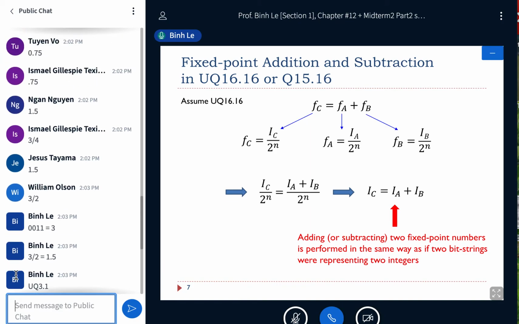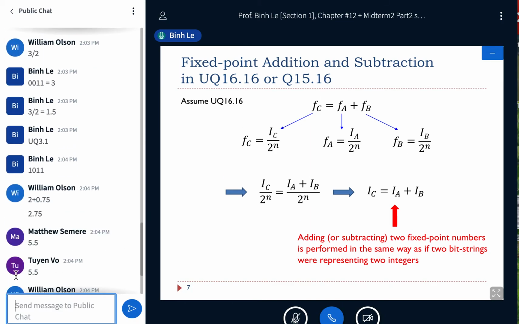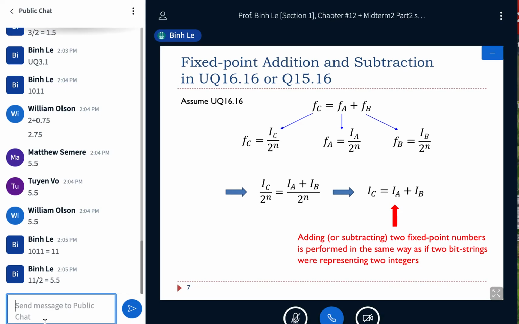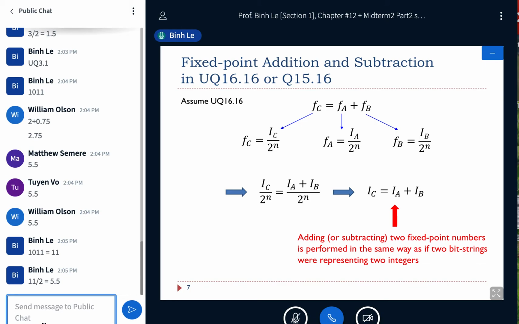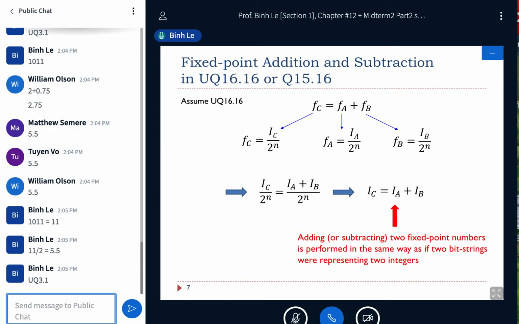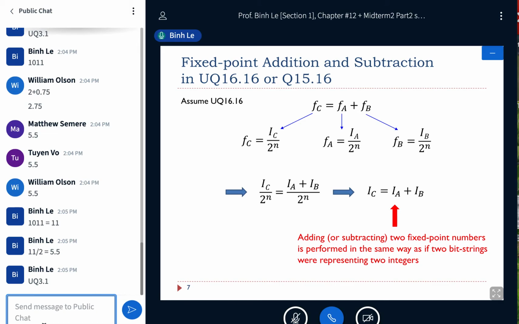Okay. So now I would like to add these two numbers together. Remember, I'm using the UQ3.1 format. So I would like to add the two numbers 0011 and 1011. Okay. So what do you think?